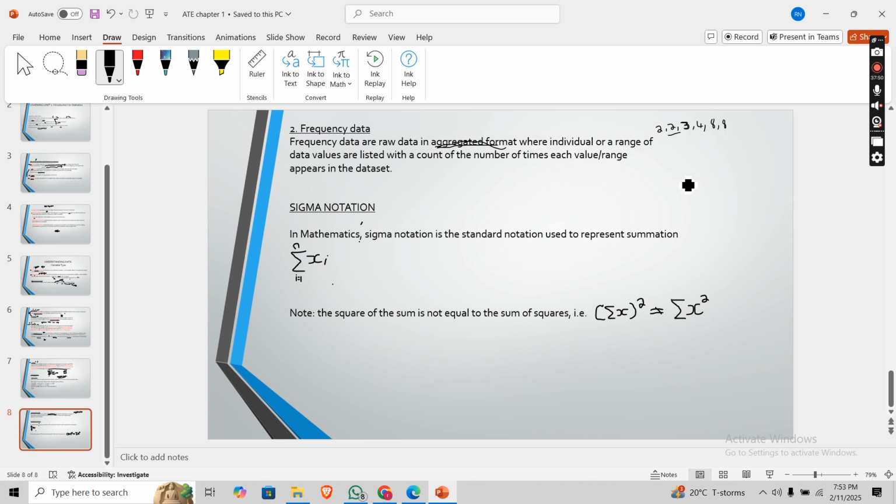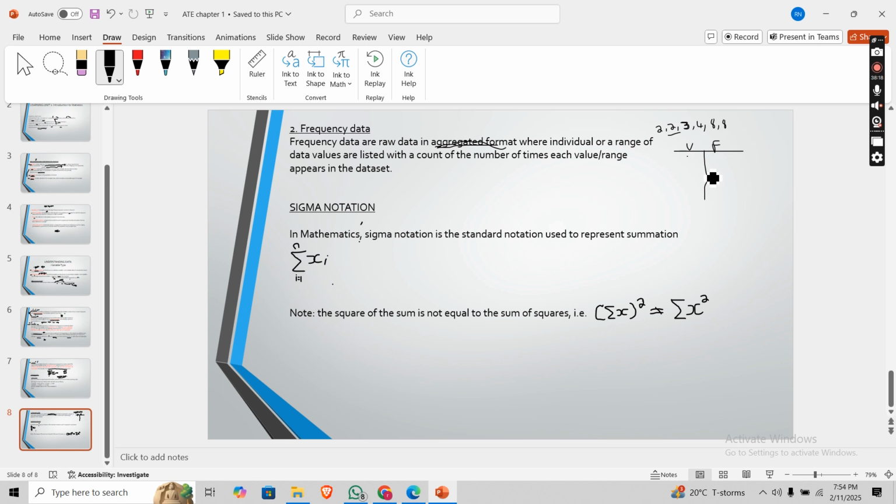Frequency data, as we have said, is data in an aggregated format. It's written in the form of a table. Here you write the value, and on the right side you write the number of times the value appears in your data set.